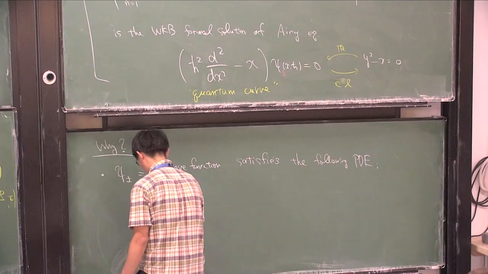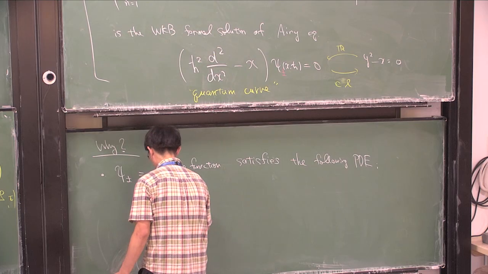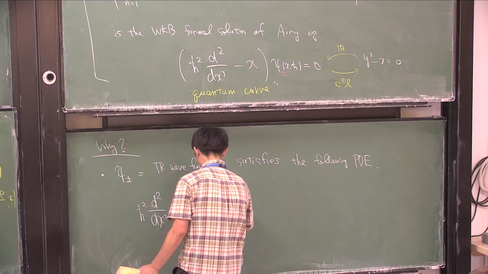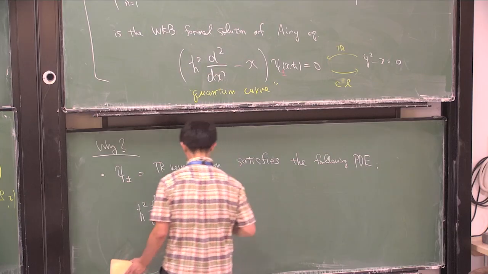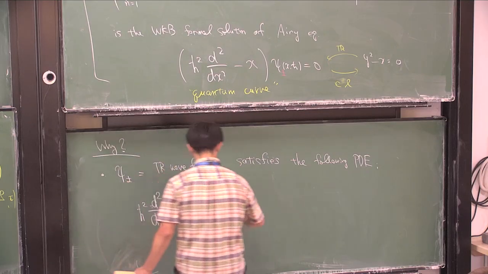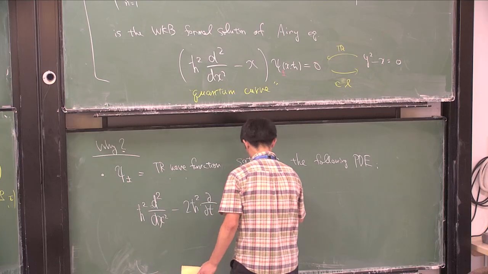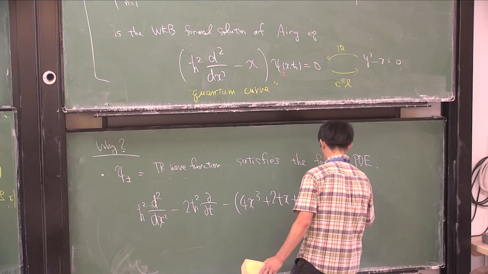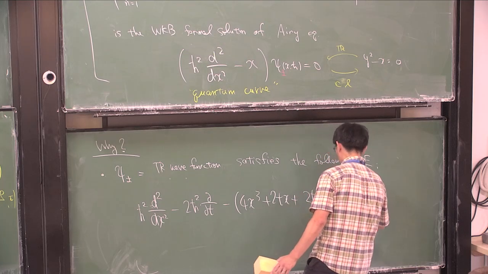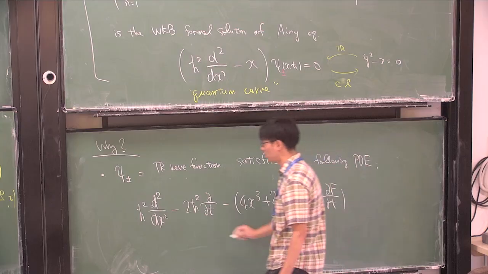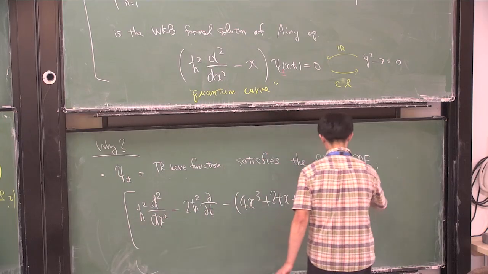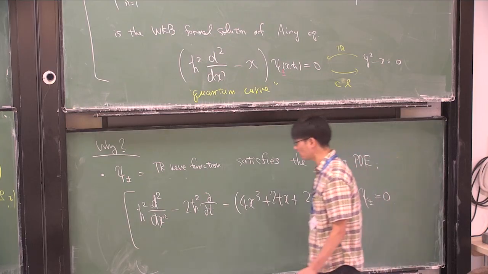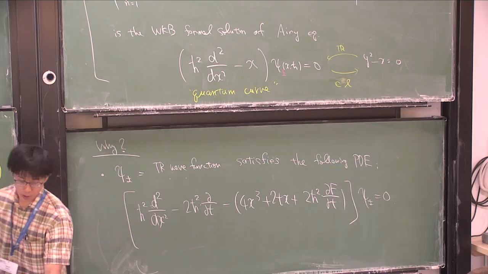Which is second order in X, but contains a first order derivative with respect to the time parameter t, and 2 times h bar squared and the partial derivative of h, which is a log of... So this holds.